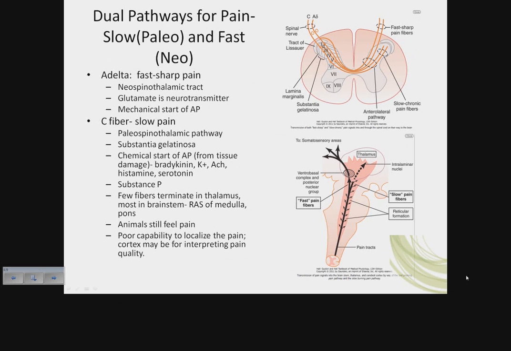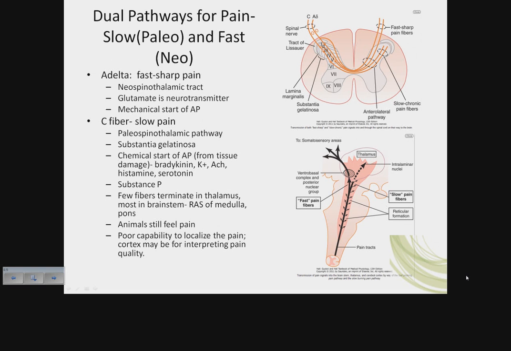If we look at the bottom picture, we can kind of follow them up to the brain. A few fibers of the neospinothalamic tract terminate in the reticular areas of the brainstem. The reticular area is a diffuse area of the brainstem. There's no one specific region. But most of the neurons pass all the way to the thalamus without interruption.